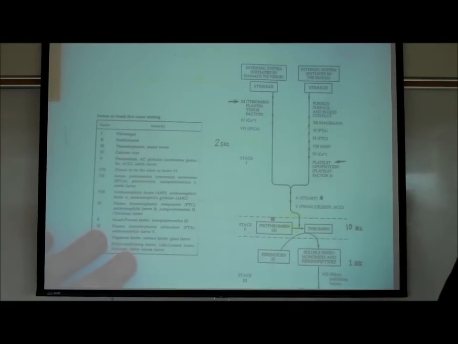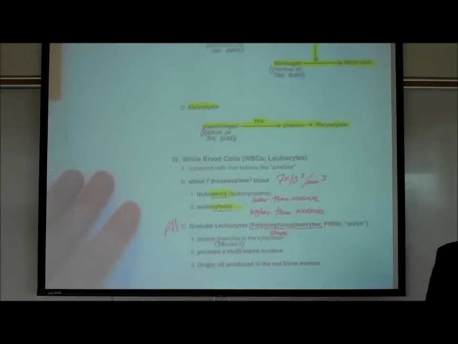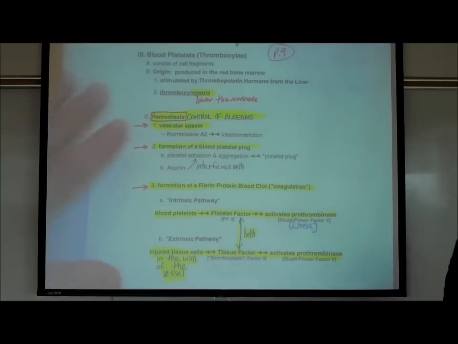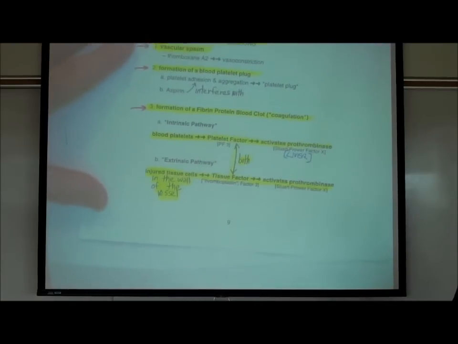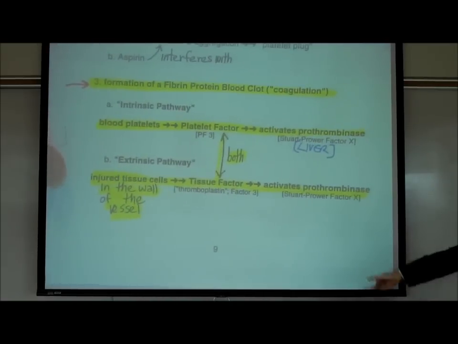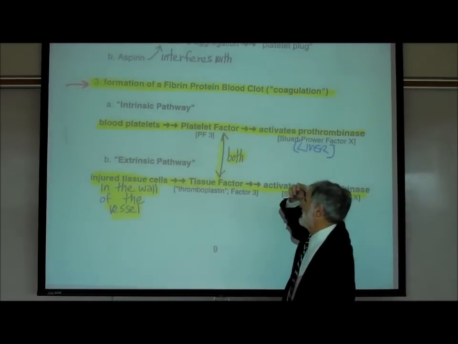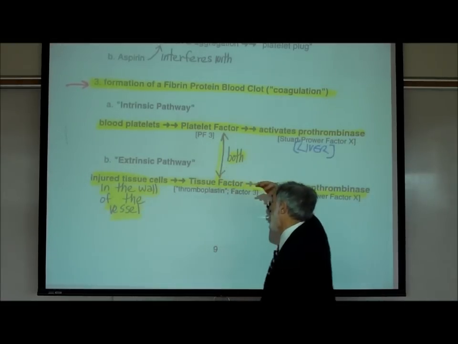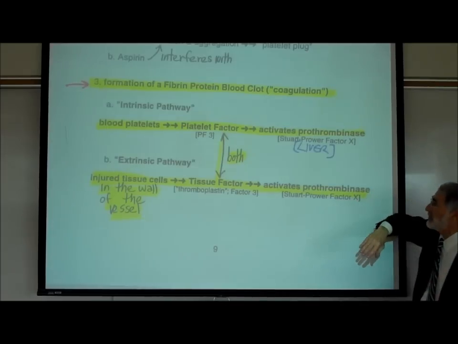I'm not asking you to know this. So what am I asking you to know? Back on page 9, we asked you simply to know that the blood platelets release platelet factor, and the injured cells of the wall of the vessel release tissue factor.